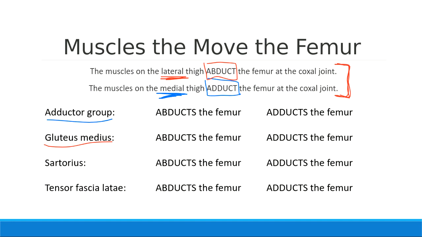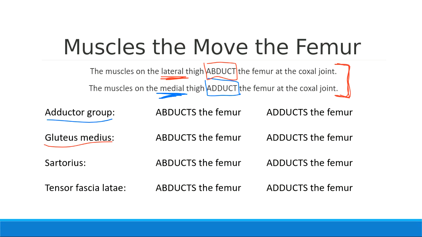Sartorius was the trickier one that we had a question about. Let me pull up my muscle man again. When I look at sartorius, here it is again, at the top, going down here. Sartorius muscle ends very much on the medial side. Notice that the sartorius muscle is very much here in the middle.